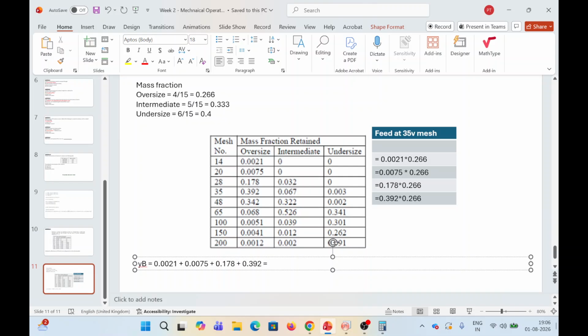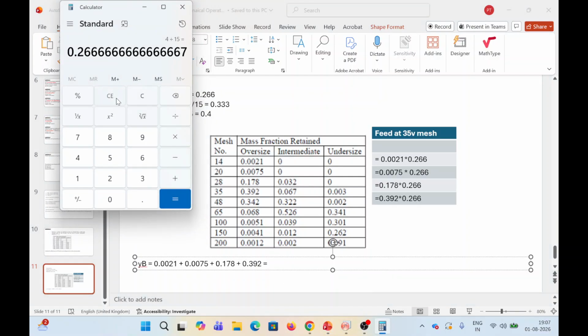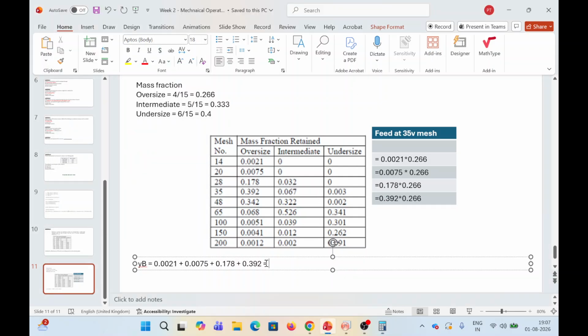So what would be the value? 0.0021 plus 0.0075 plus 0.178 plus 0.392 gives 0.5796.